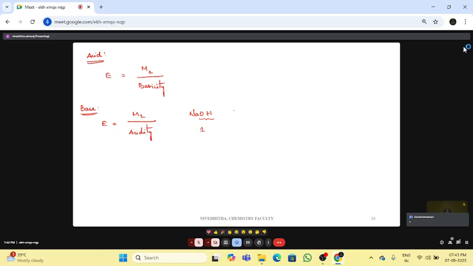Right, Kana? Similarly, for calcium hydroxide, what is the acidity of calcium hydroxide? Acidity of calcium hydroxide is 2. Senthil was right because this calcium hydroxide got 2 OH minus ions. For aluminium hydroxide, acidity is 3. Right, Kana?